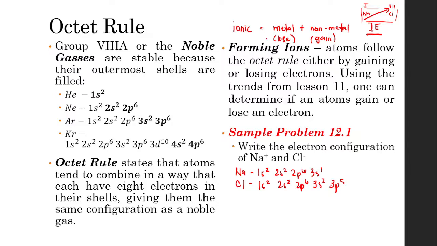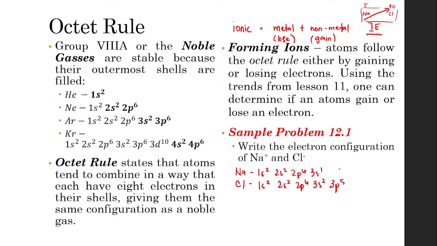So from our understanding of metallic and non-metallic character and ionization energy, and even if you look at electron affinity and other trends in the periodic table, you would understand that sodium will be the one to lose an electron, while chlorine will be the one to gain an electron.